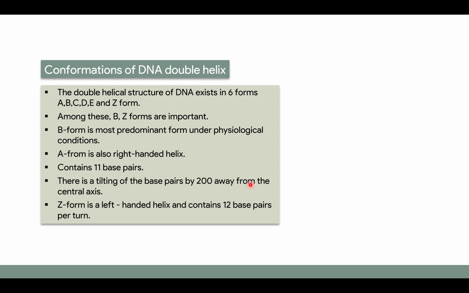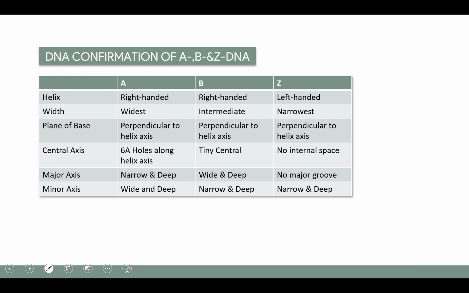The Z form is a left-handed helix and contains 12 base pairs per turn. Now we'll look at the difference between the 3 conformations, that is the A form, B form and the Z form. A and B are right-handed helical structures, whereas Z is a left-handed helical structure.